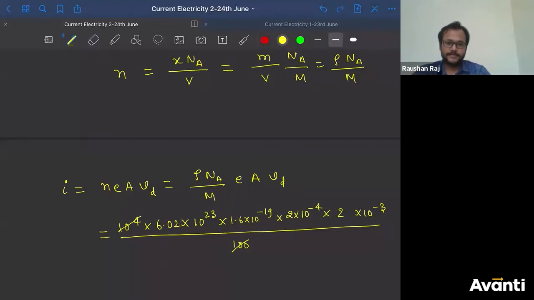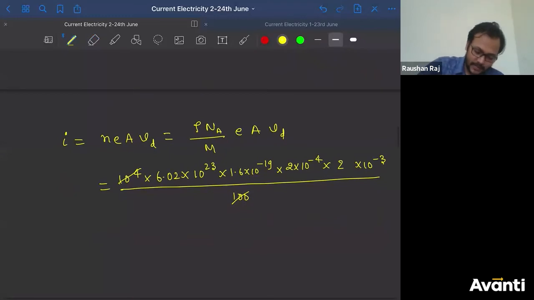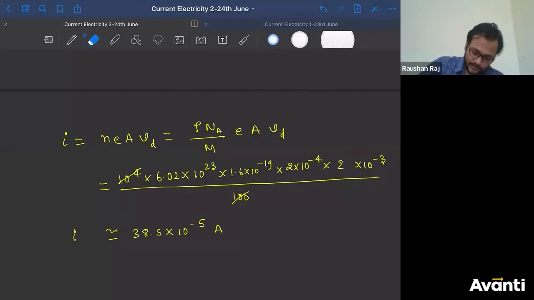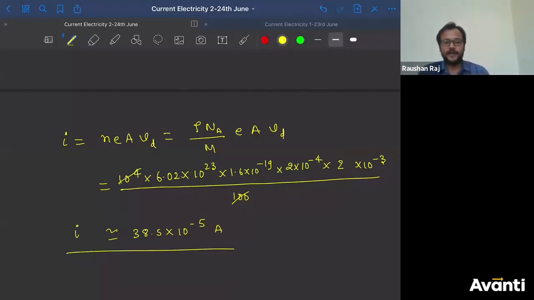So the correct answer, if you solve it, will be approximately equal to 38.5 into 10 to the power minus 5 ampere. However, this is also very, very small, but considering the data given, this will be the amount of current that will flow. Did you understand?